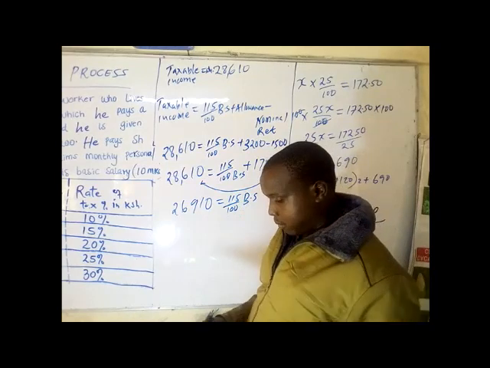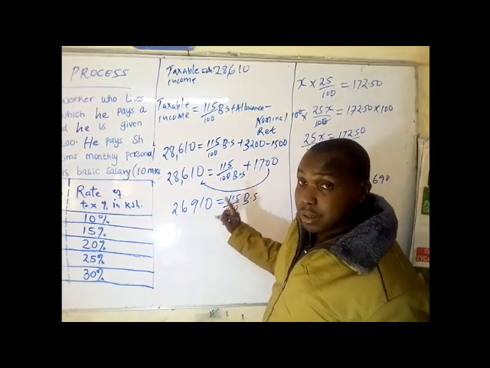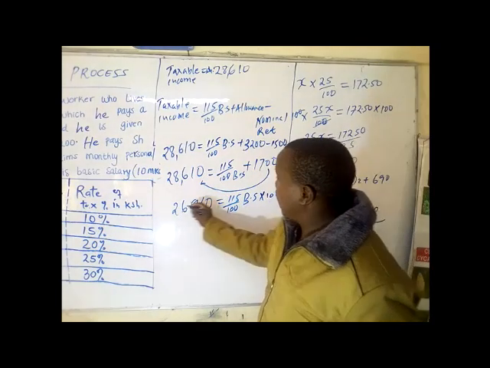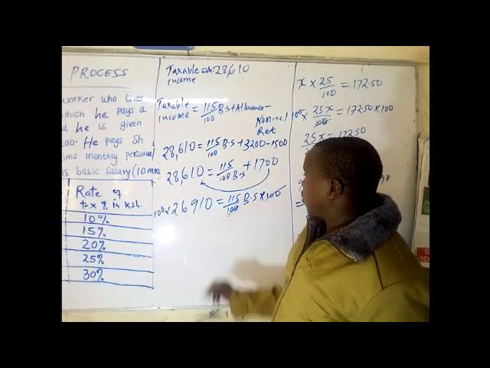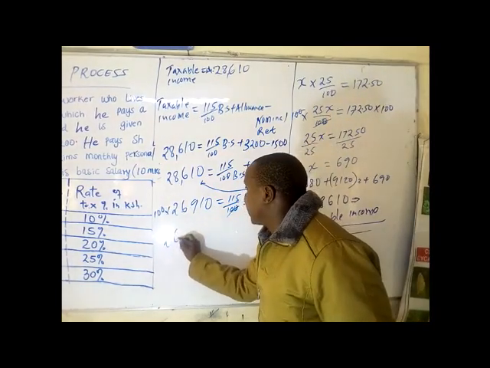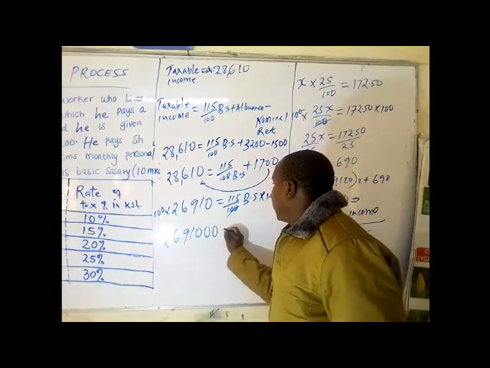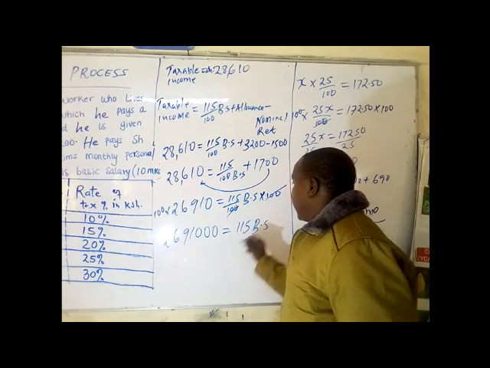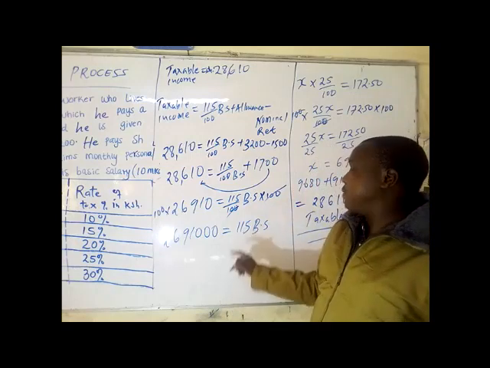Now that's what we have. So what we want now is to remove the denominator here. Multiply both sides by the denominator, times 100. So this and this go. Now we will have 26,910 times 100 equal to 115 basic salary. Since we want basic salary, we divide both sides by 115.